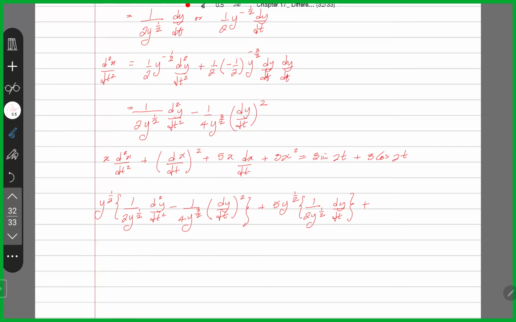Remember that x squared is equal to y, so this is 3y is equal to sine 2t plus 3 cos 2t.